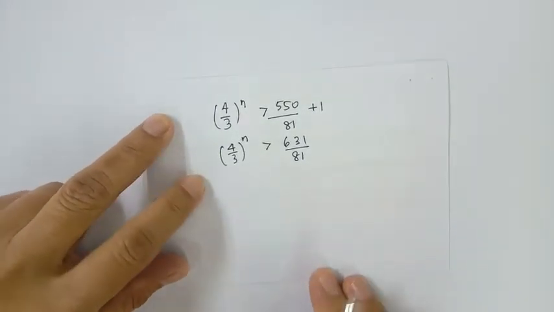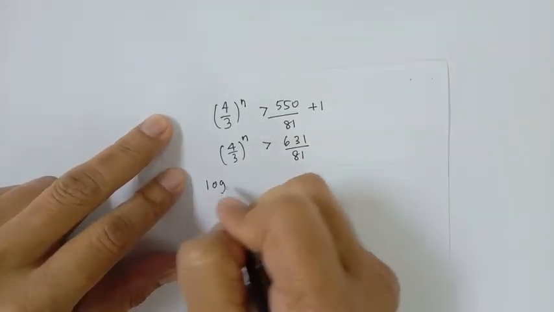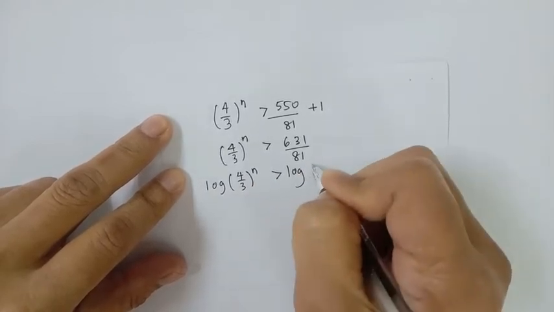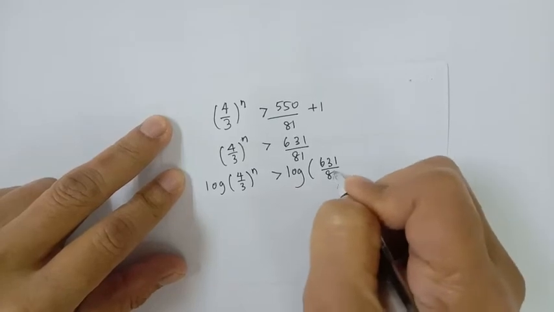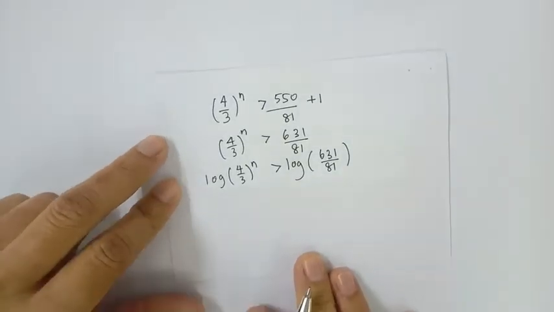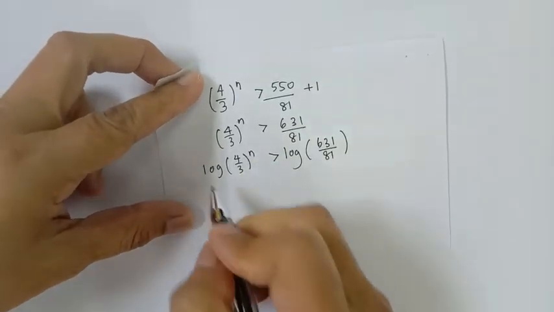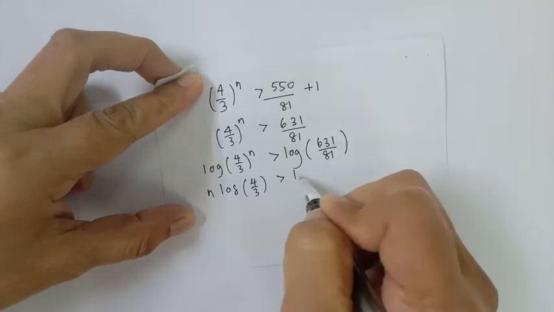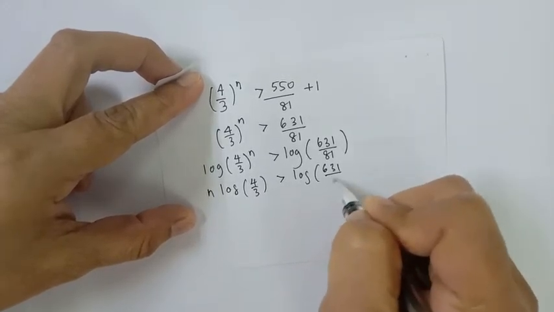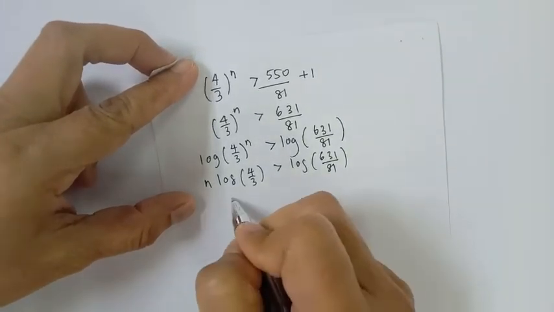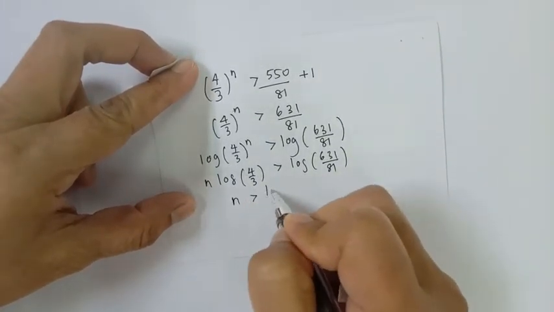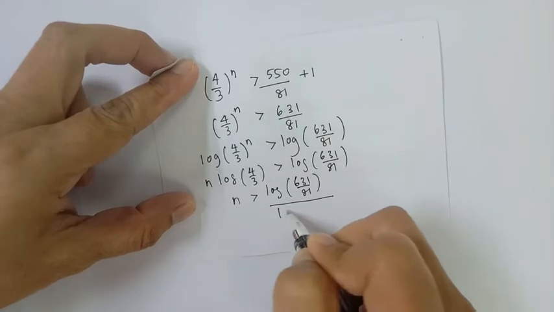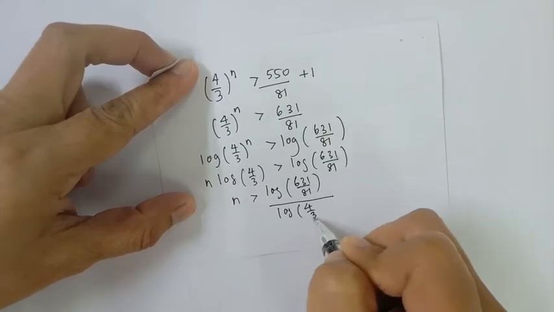Then taking log for both sides, log of 4/3 to the power of n more than log of 631 over 81. Then using the rule of log, n log 4/3 more than log 631/81. n more than log 631/81 over log 4/3.